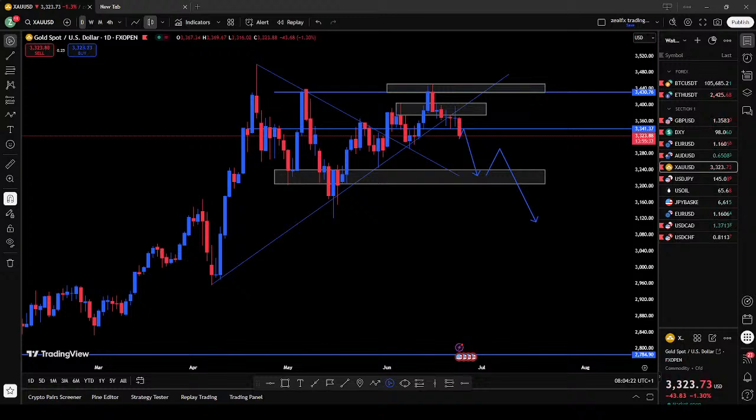You have to stick to your trade plan and also manage your trade. You can have good risk management, but if you don't know how to manage your trade, it's also a problem. You must learn how to manage your trade.